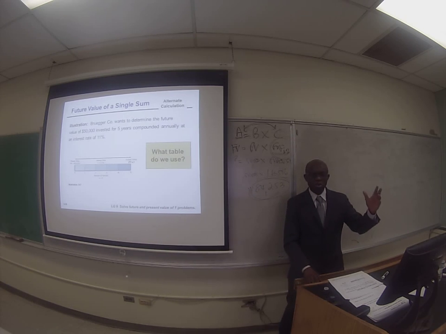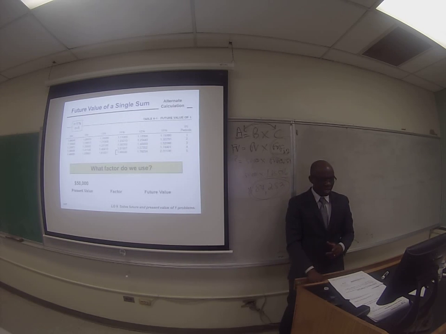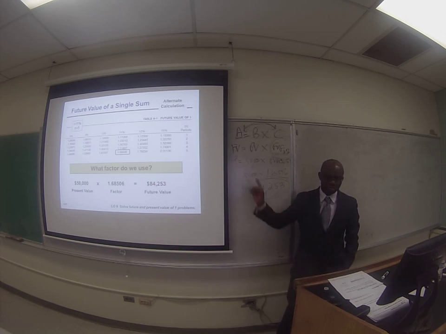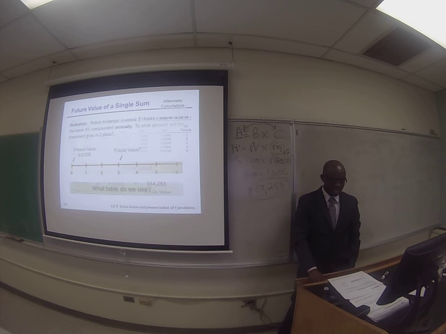We use the future value of a single sum table. Why single sum? Because the $50,000 is only a single sum, all right? Like we explained earlier. So here is how we use the table. We multiply 50,000 by the future value interest factor, which is determined as we just illustrated using the period and the interest rate, and that will give us 84,253 as the future value.